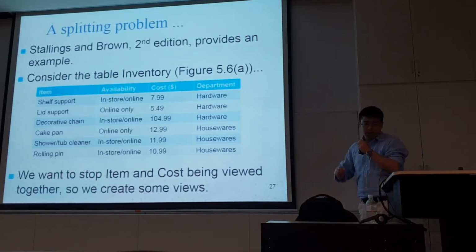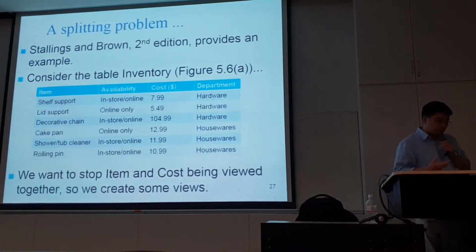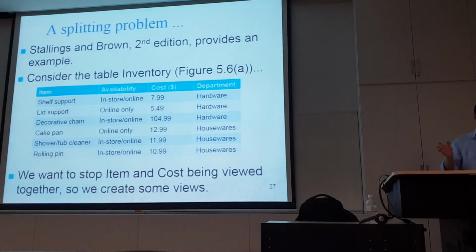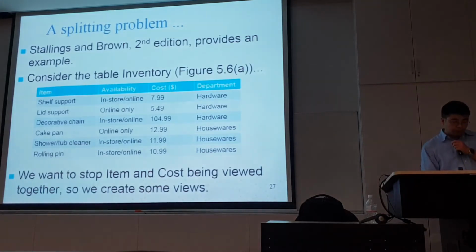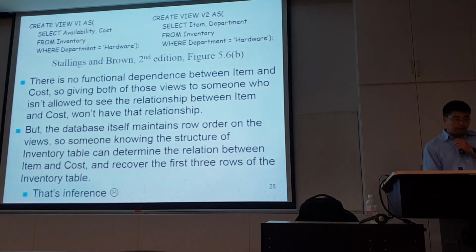Suppose we have this table, but we don't want people to have the whole view of this table, right? So we want to stop people from looking at the item and the cost. Then we can create two subviews: one for availability and cost, one for item and department.